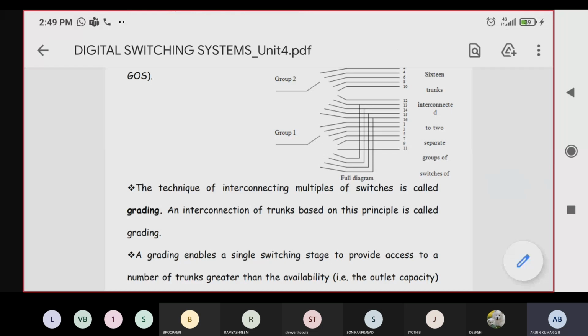Then, for increasing the grade of service, what we are doing here: for group 1, the first 6 lines are dedicated to group 1 customers, which means fully available. Fully available means the group 1 incoming line is directly connected to these 6 lines.